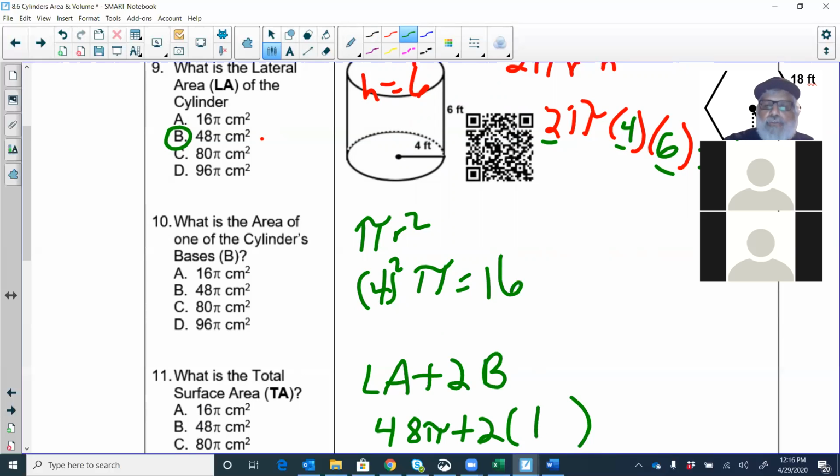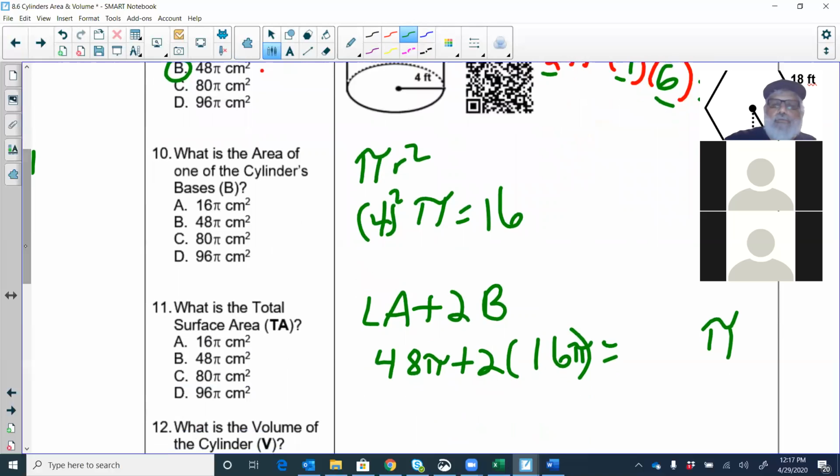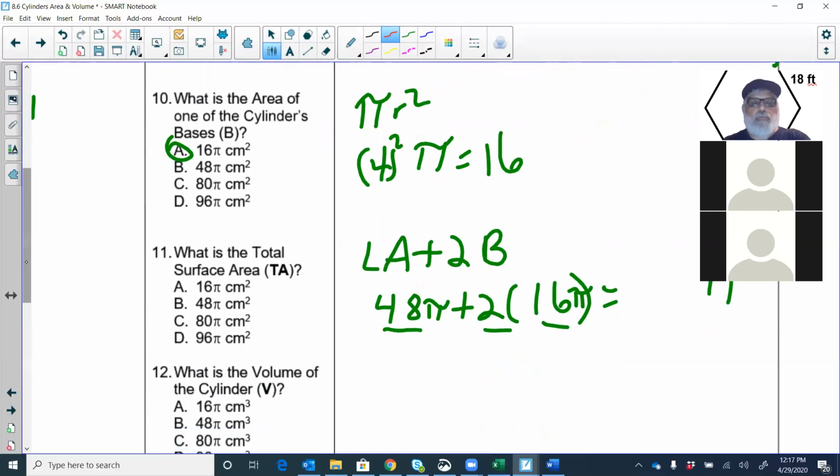And then that 16 also goes right there on the next one. So you're just going to knock out those. It's 80.